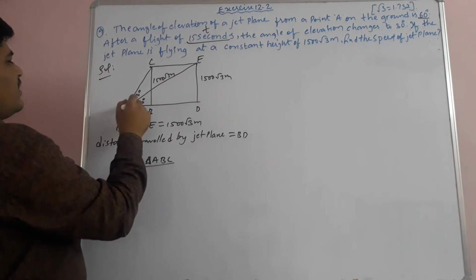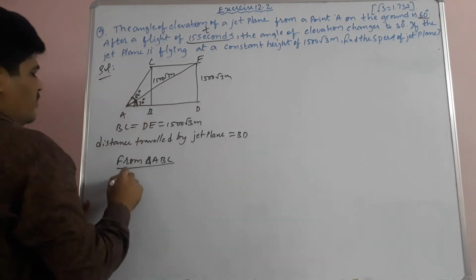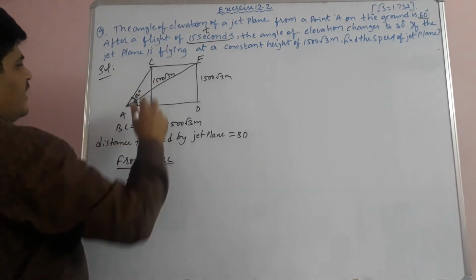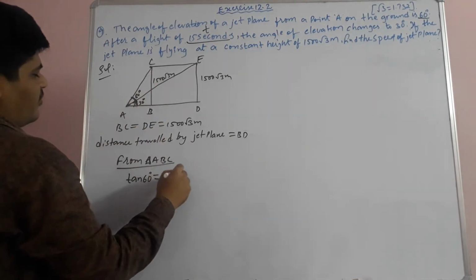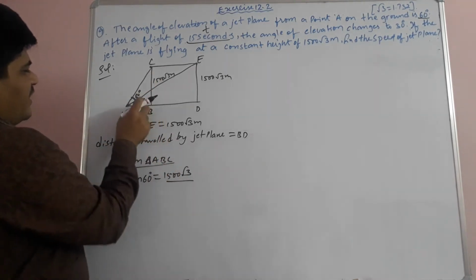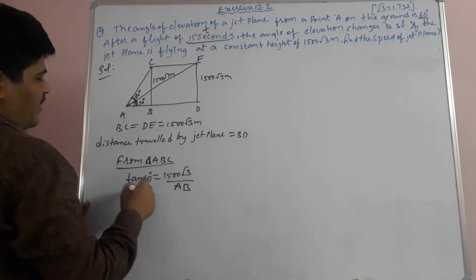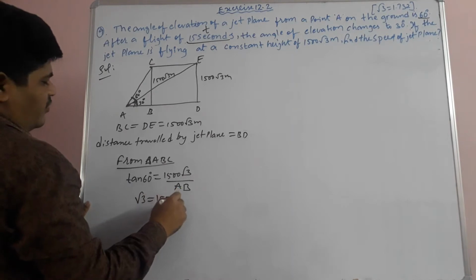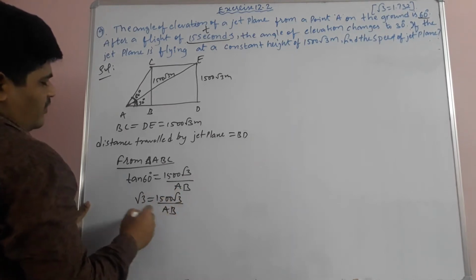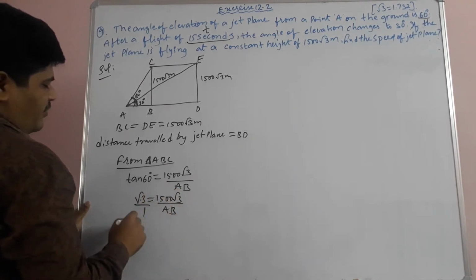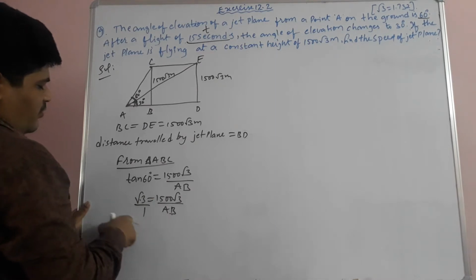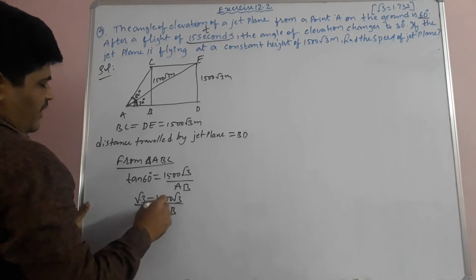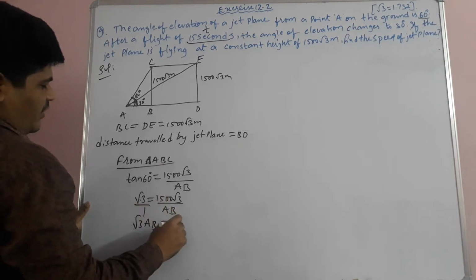So tan 60 degrees is equal to the opposite side, that is 1500 root 3, by the adjacent side, that is AB. Tan 60 value is root 3, so root 3 equals 1500 root 3 by AB. Now do the cross multiplication: root 3 AB is equal to 1500 root 3.